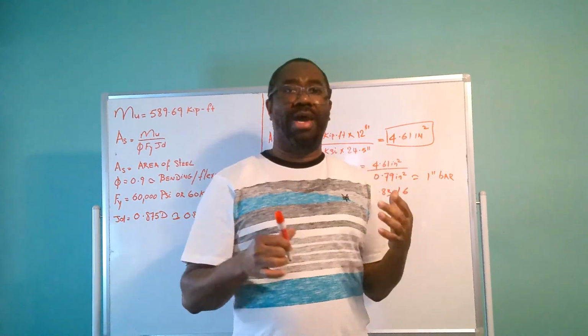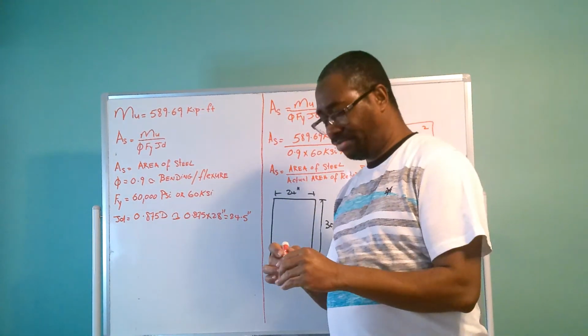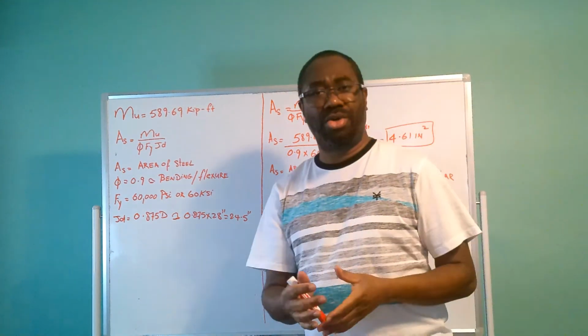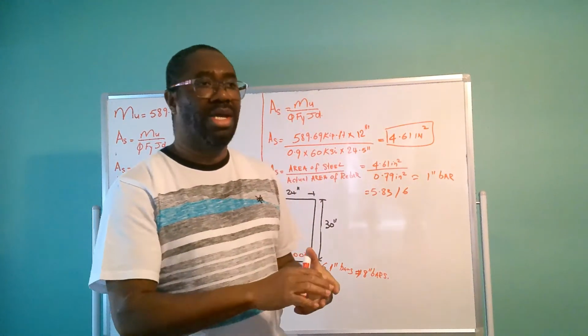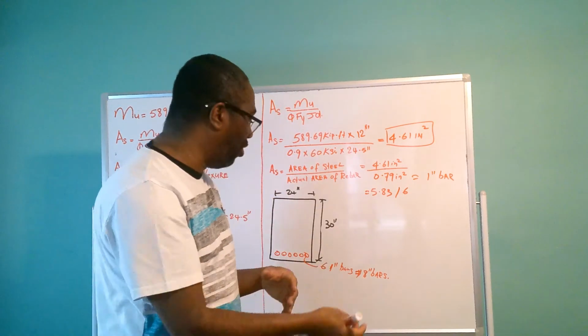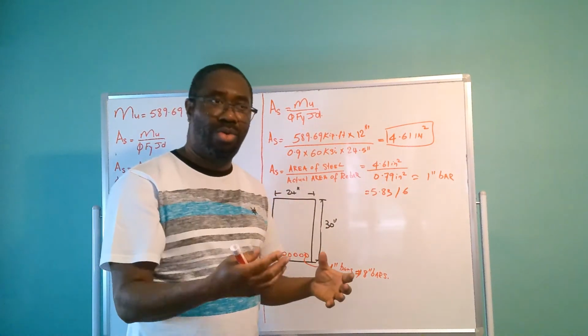In order to go ahead with this and to be sure, there are several checks that I have to do to ensure that the beam itself is safe to carry that impending load.